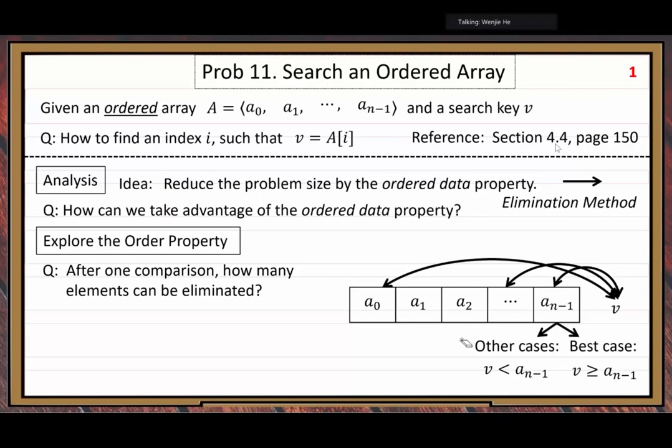There are two cases, so we need to put our main focus on one of them. My question is, which of the two cases do we want to make our main focus in our problem solving? Think about that.